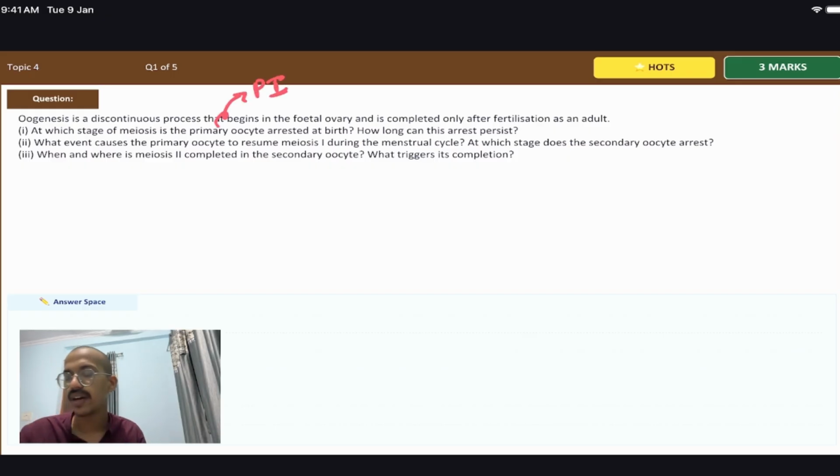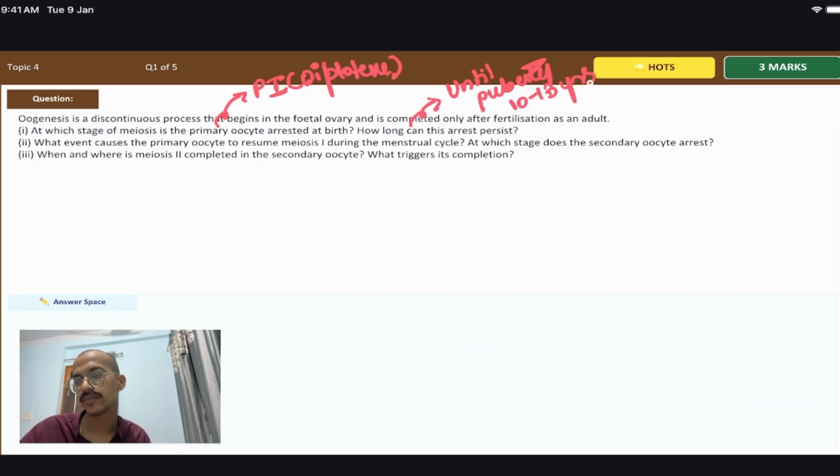How long can it be arrested and persist? And in the prophase also it is diplotene. Okay, until how long does it persist? Until puberty, which is usually 10 to 13 years. Next comes, what event causes the primary oocytes to resume meiosis once during the menstrual cycle?